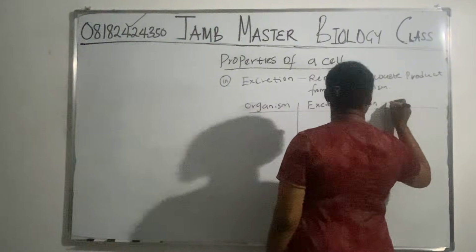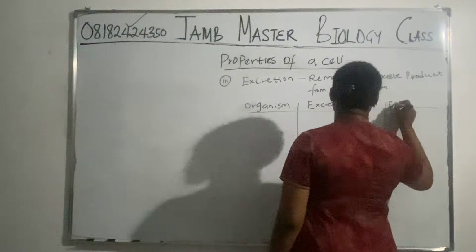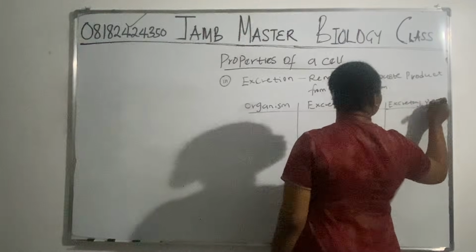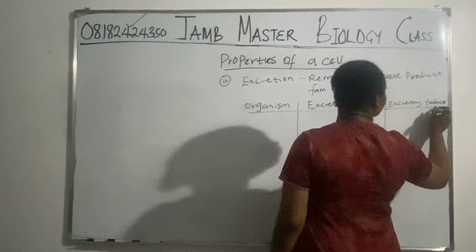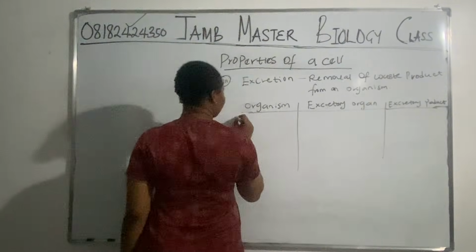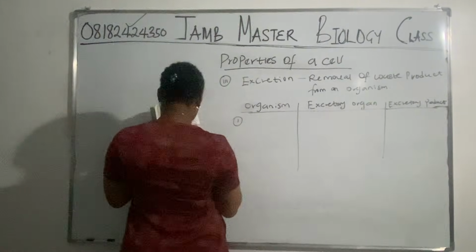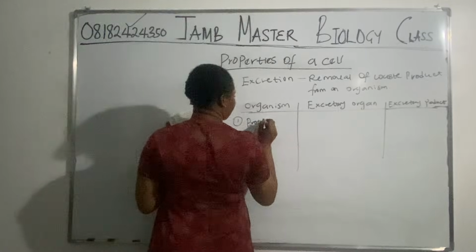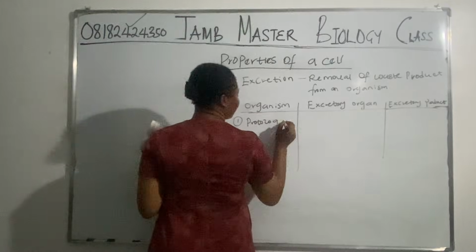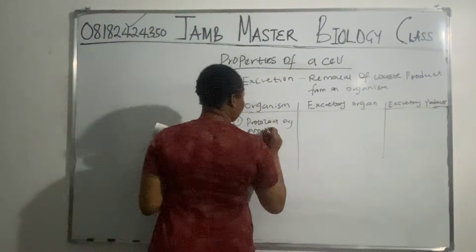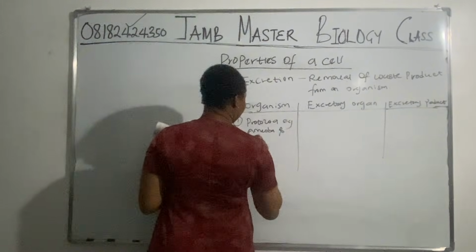And the product they excrete. Number 1, we have unicellular organisms, protozoa. Under protozoa, we have amoeba and paramecium.